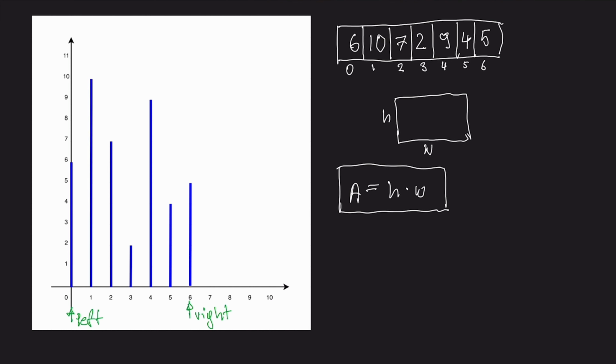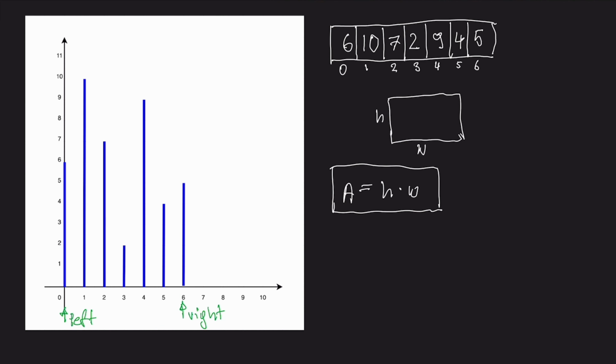And then what we would do is we would pick the smaller one. Since we want to maximize the height, we would pick the one which is smaller, and for that value, we would move the pointer in the appropriate direction. So in the case of right, like in our case here, we would move the right pointer to the index 5.